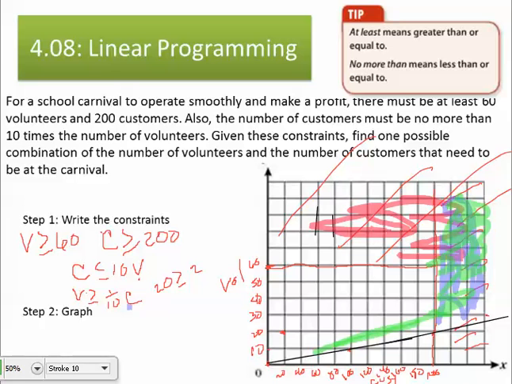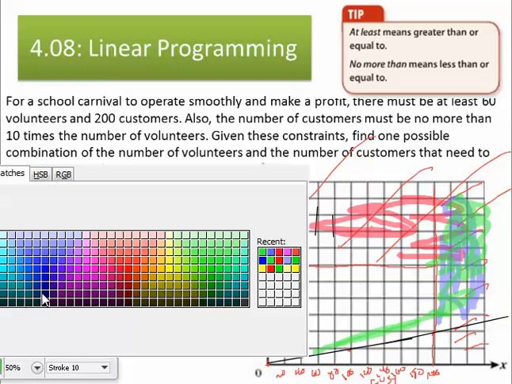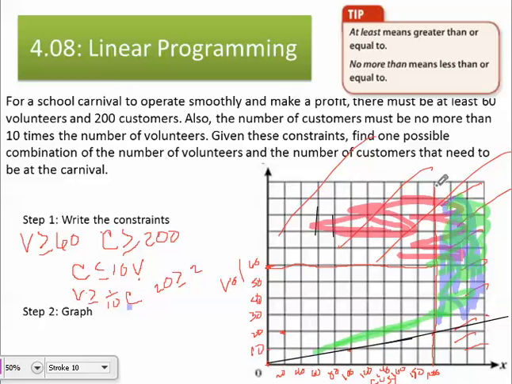Okay, pick a different color, please. Thank you. Picking pink. It's going to be everything in this area right here. There's my constraint line. It's going to be everything up in here. Is that going to work?